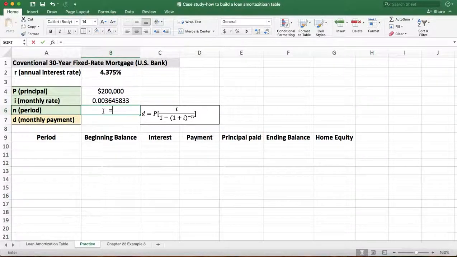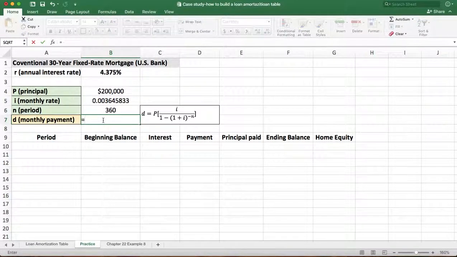Period: 30 years times 12 months, 360. So for monthly payment, we just plug in this number into the mathematical formula.